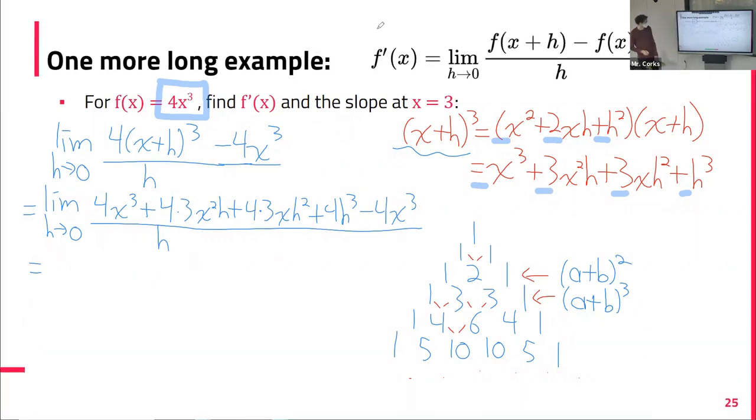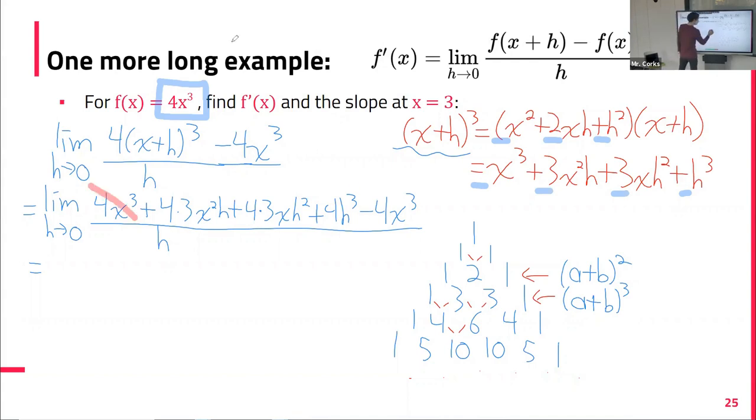Okay, so we have this big long thing on the top here. What would you notice first if we're going to eliminate? Okay, so 4x cubed minus 4x cubed. So those disappear.